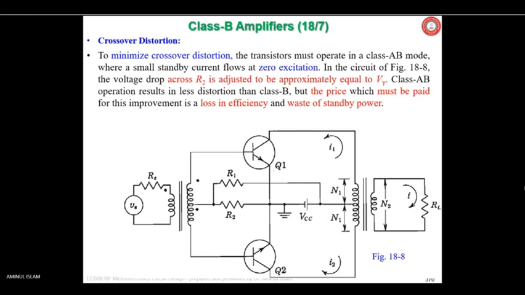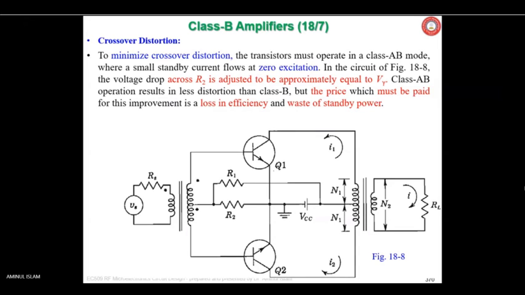To minimize crossover distortion, the transistors must operate in class AB mode. What is the conduction angle of class AB? At least remember this thing: greater than 180 but less than 360. Good. So it should be operated in class AB, where a small standby current flows at zero excitation.